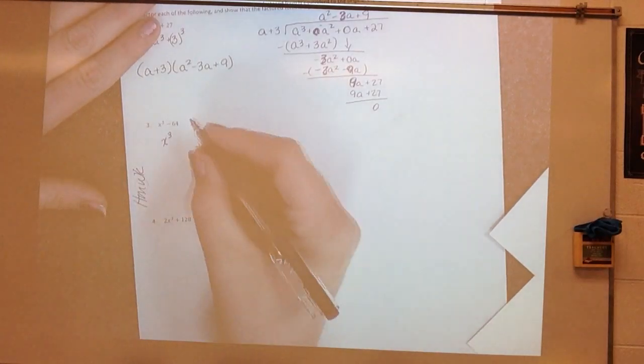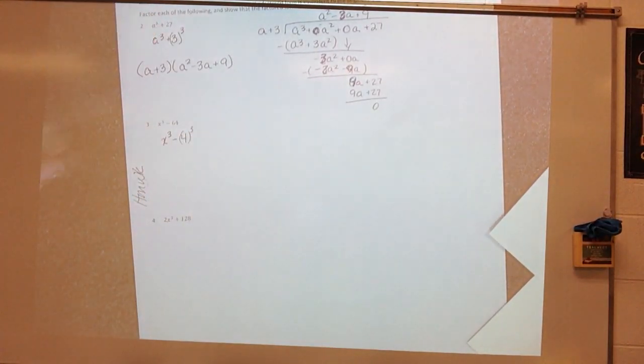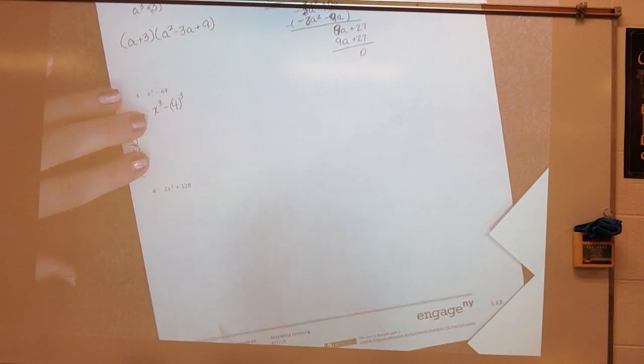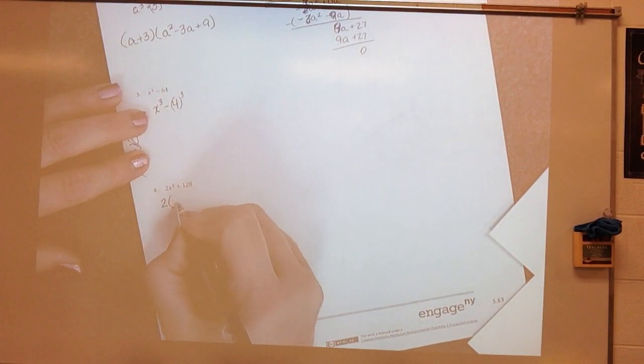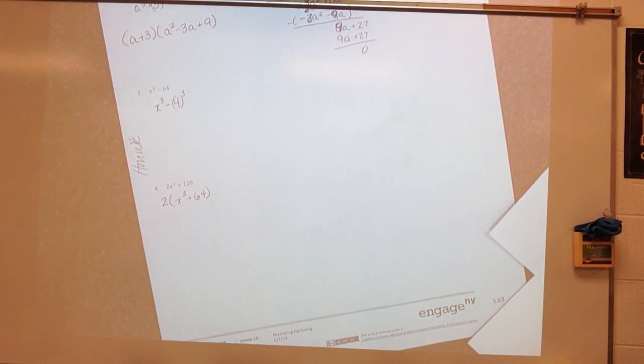Well, it would be 4 cubed. All right? Here I'm going to give you a hint. Pull the 2 out, which would give you x cubed plus, look at that. All right, so finish these up for homework and make sure you turn them back in.